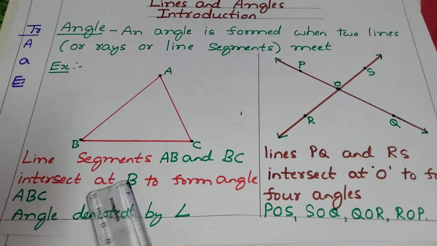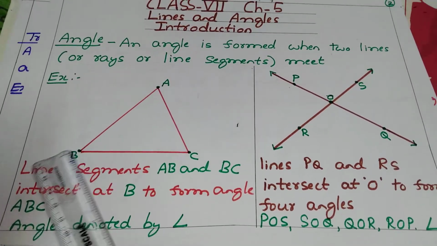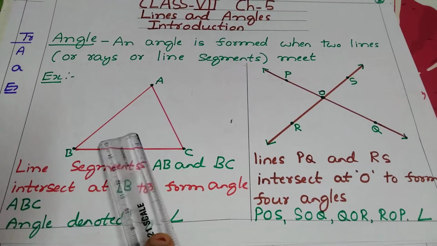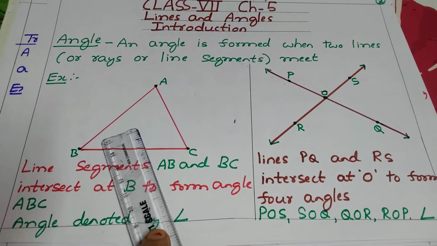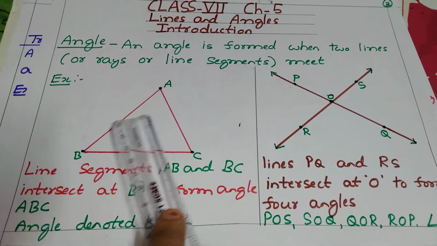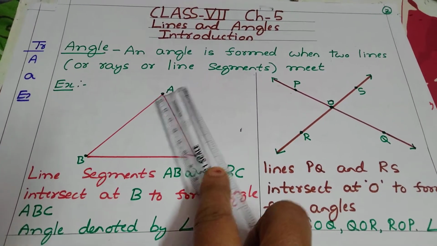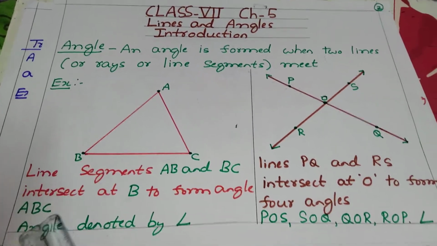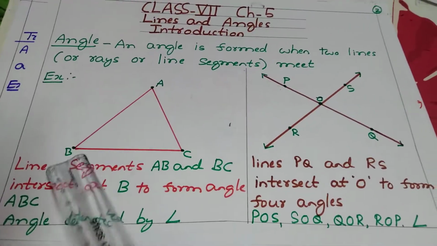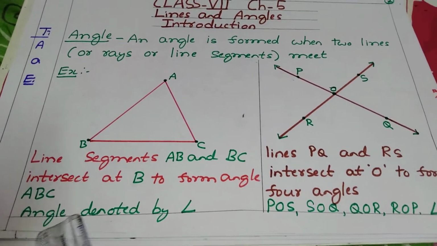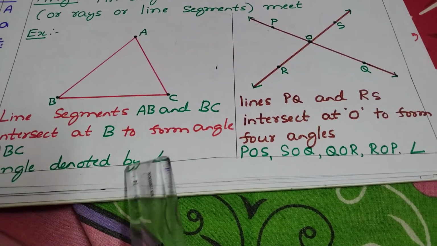So line segments AB and BC intersect at B to form an angle. Minimum two lines are needed to get an angle like this. This is an angle. So AB and BC intersect at B to form an angle. An angle is denoted by this symbol, the angle symbol.